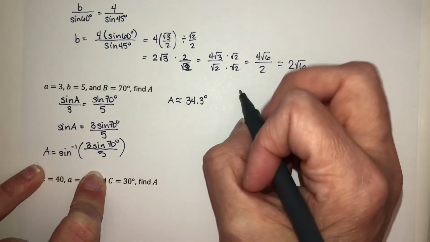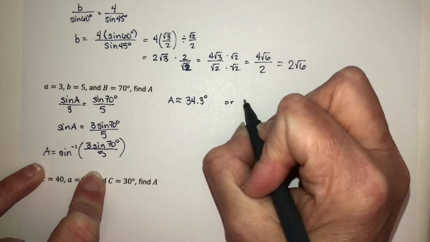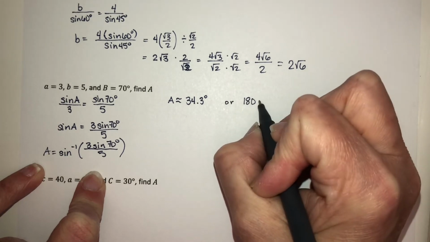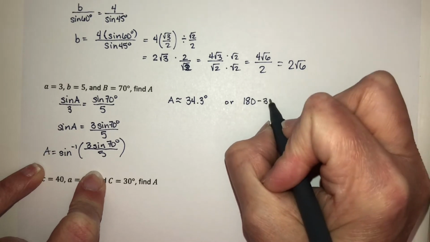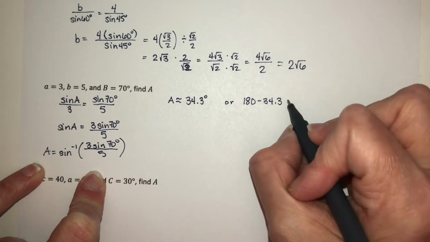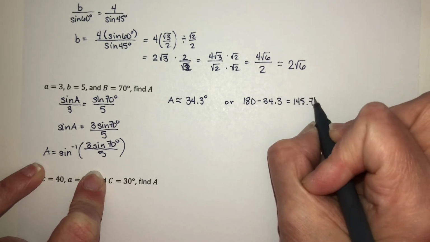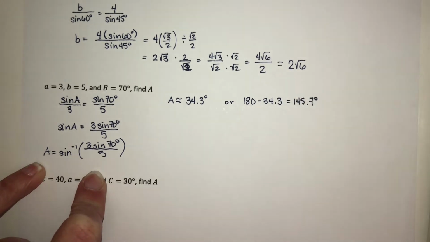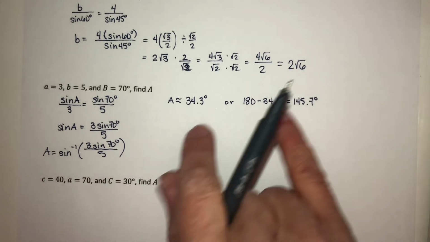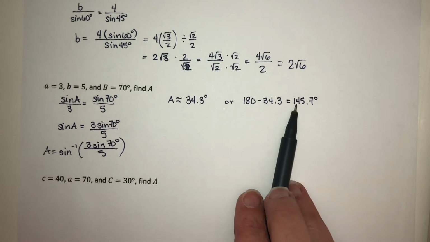And remember when we're solving with a sine, our other possibility, we subtract it from 180. And that will give you 145.7 degrees. Okay? So I got two potential solutions. I just don't know whether this one will actually work or not.